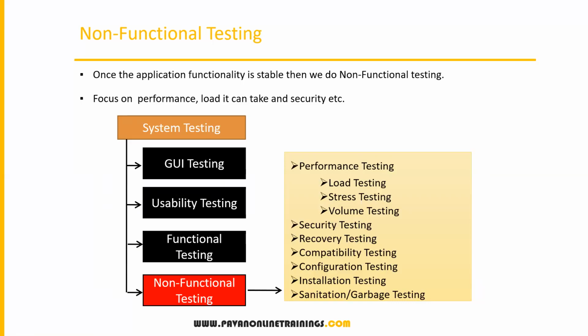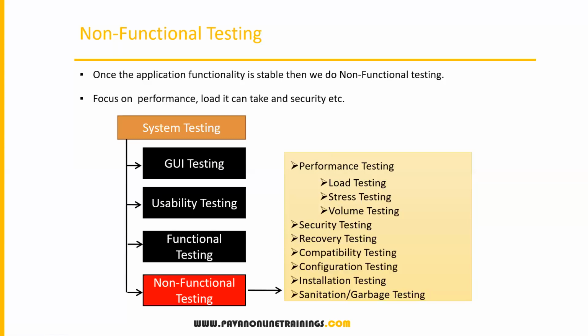Then what is non-functional testing? Once the application functionality is stable, then we do non-functional testing, and it is mainly focusing on the customer expectation. It is not focused on customer requirement. It is focused on customer expectation. What is the difference between customer requirement and customer expectation?